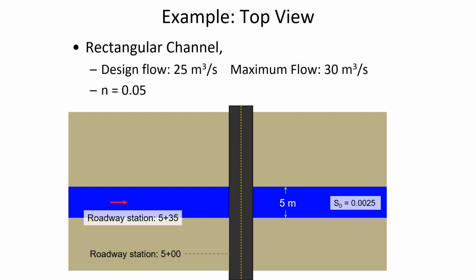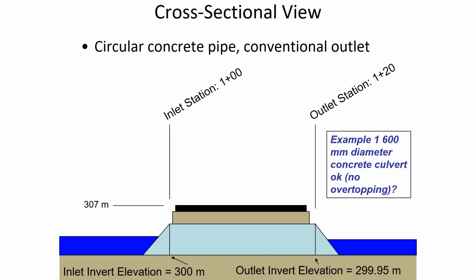Because we've just been looking at the culvert from the front. Here is a side view of the culvert, this example that we're about to do. Here you can see that the culvert elevation is specified. The invert, meaning the bottom of the culvert here, has an elevation of 300 meters. The invert elevation of the outlet is 299.